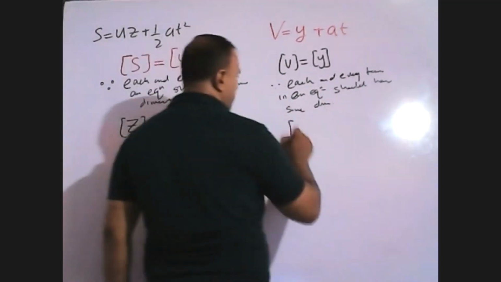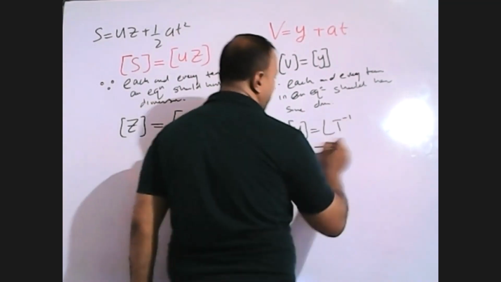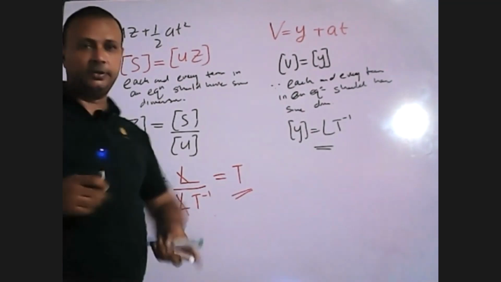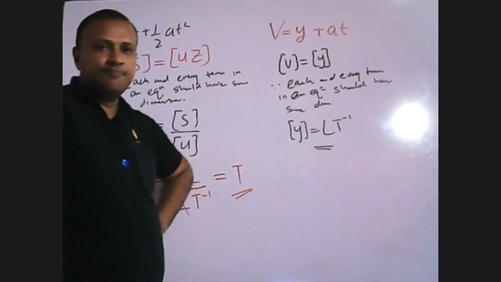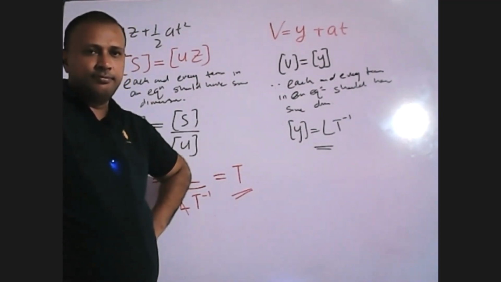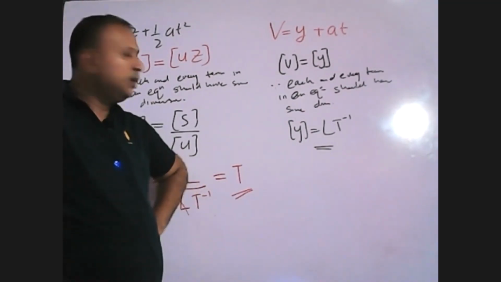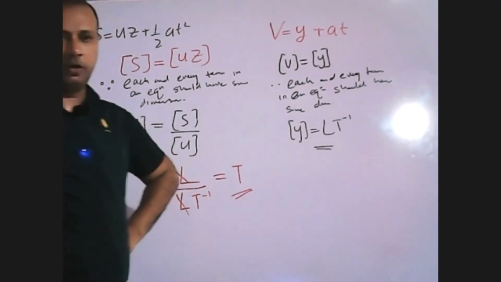So dimension of Y is equal to L T minus 1. It is equal to the dimension of velocity. Do you get my point? Yes, sir. Very good.